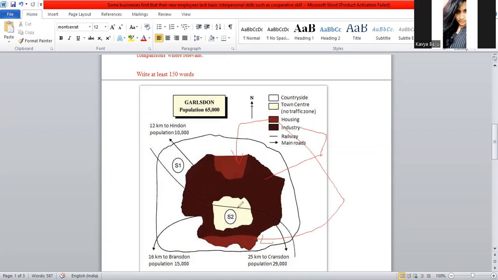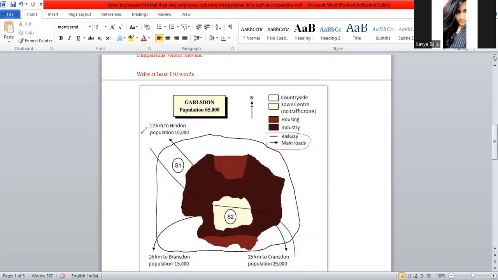And what we have here in the middle is the town center, which is a no traffic zone. And what we have next is countryside, that's towards the suburban area and the villages. Now we do have the other keys. Two other keys are there.